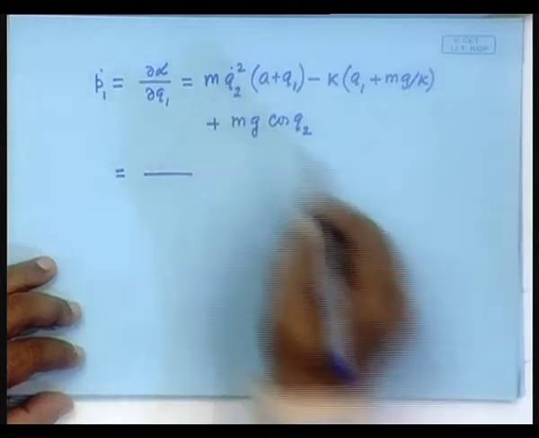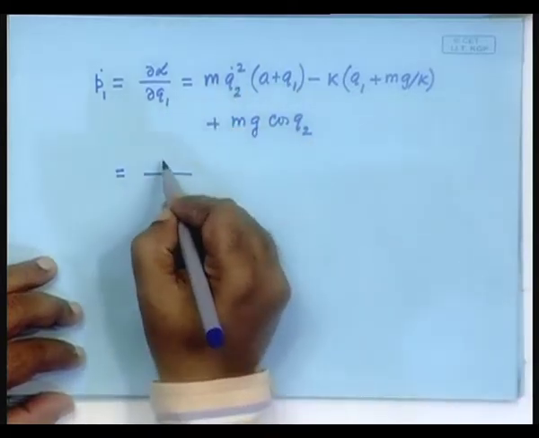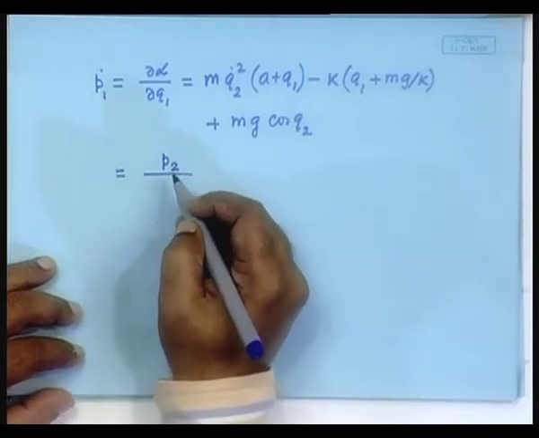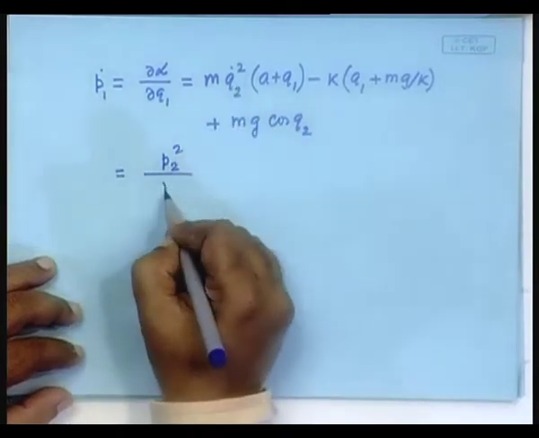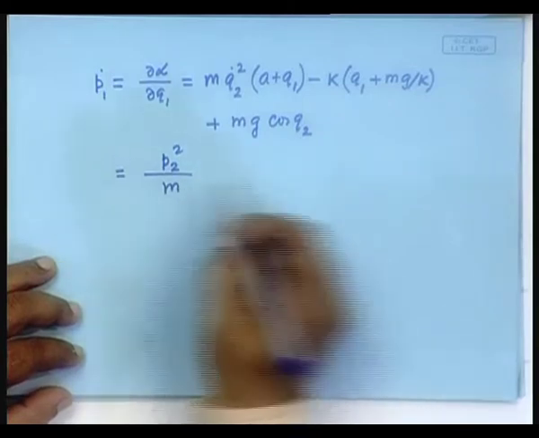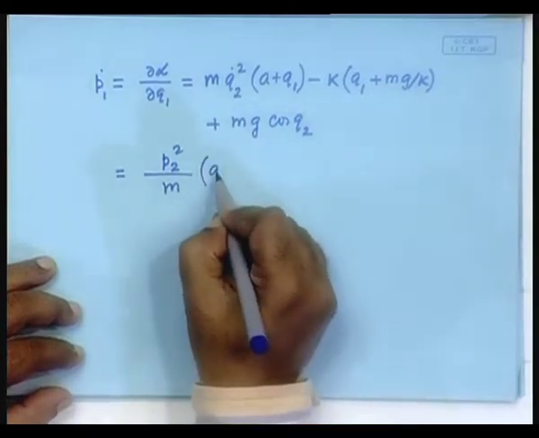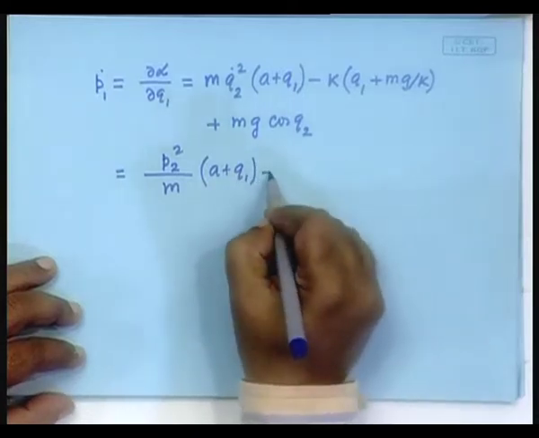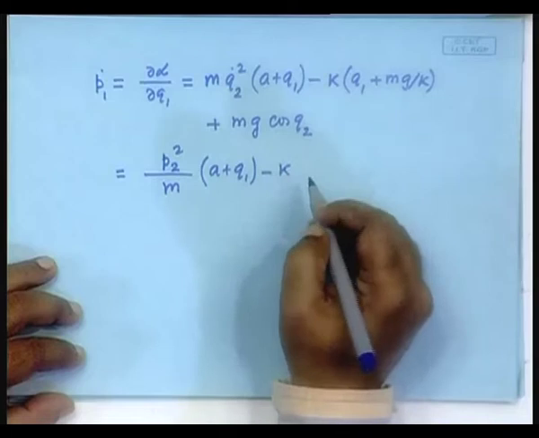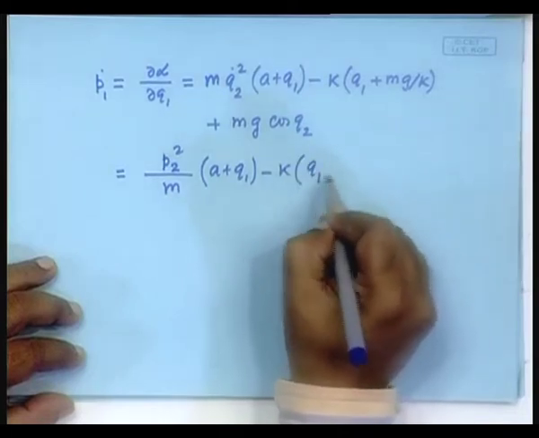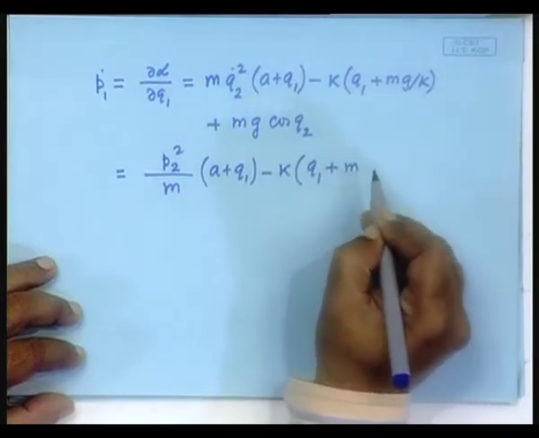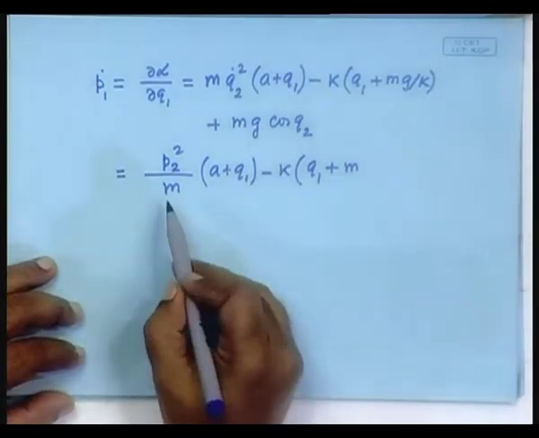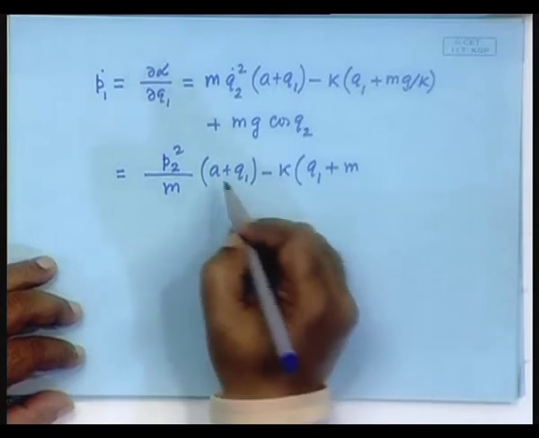This q 2 dot is p 2 by m (A plus q 1) square, so one m will cancel off, it is p 2 square here by m, and then it will continue, (A plus q 1), minus k, all these other terms are without dots.